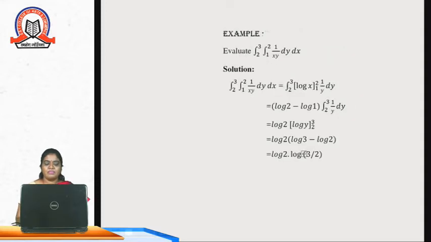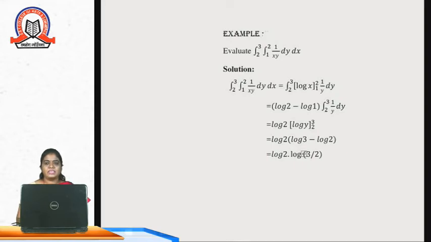Similarly, evaluate integral 2 to 3, integral 1 to 2, 1 by xy dy dx. Integration here we want to do again for y, x considering as constant, or we can do x considering y as constant. So integral of 1 by x is log x. Putting the upper limit minus lower limit, we will get the answer log 2, as log 1 is 0.